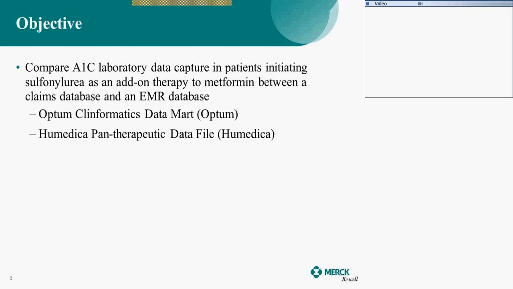We did a simple exercise to compare A1c laboratory data capture in patients initiating sulfonylurea as an add-on therapy to metformin between a claims database and an EMR database. The databases we used are the Optum Informatics Data Mart, shortened to Optum, and Humedica.